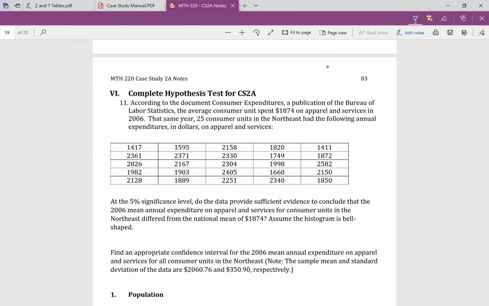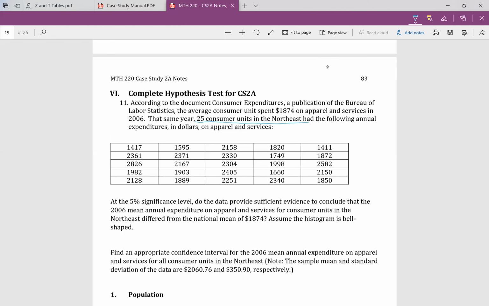So for this problem, according to the document Consumer Expenditures, a publication of the Bureau of Labor Statistics, the average consumer unit spent $18.74 on apparel and services in 2006. That same year, 25 consumer units in the Northeast, that sounds like our sample, had the following expenditure in dollars on apparel and services.